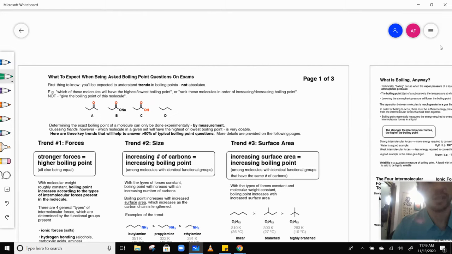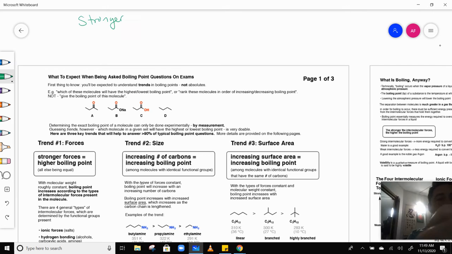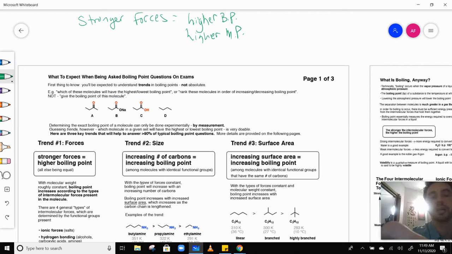Let me write up here. Stronger forces means a higher boiling point. So the stronger the intermolecular forces, you get a higher boiling point, a higher melting point, and a lower vapor pressure.